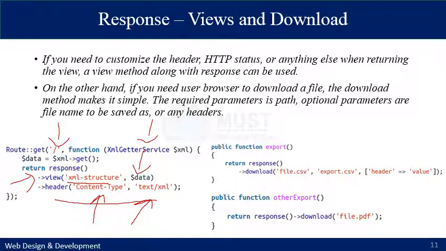Similarly, if you want to send files to the user, you can generate the response with the download method and specify the file name, and optional parameters are specified here, or simply one file name will do fine.